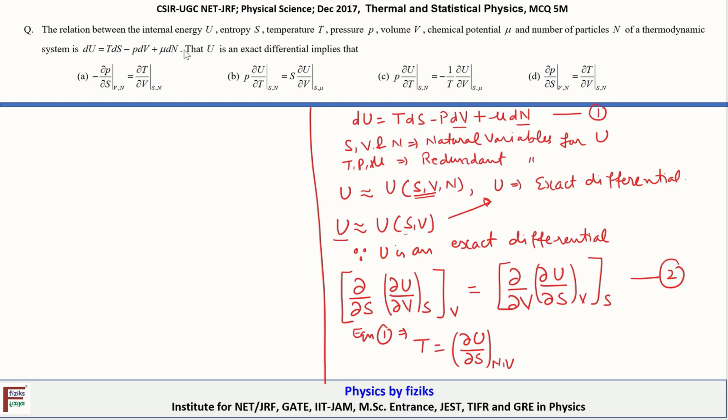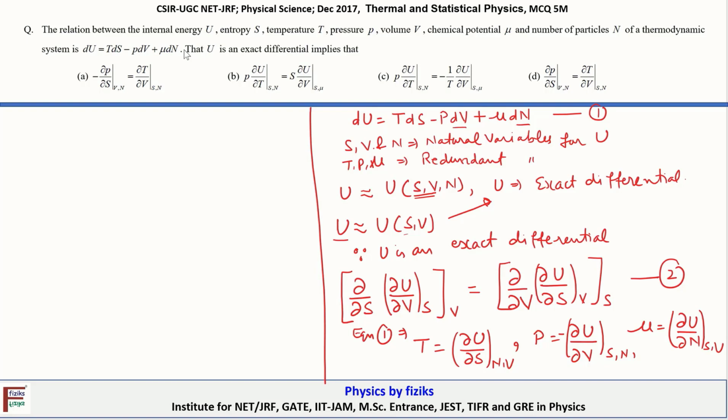So T is equal to dU by dS. Similarly, we can write for the other redundant variables that pressure can be written as dU by dV with negative sign, keeping S and N constant. And the third variable is mu, which can be written as dU by dN keeping S and V constant.